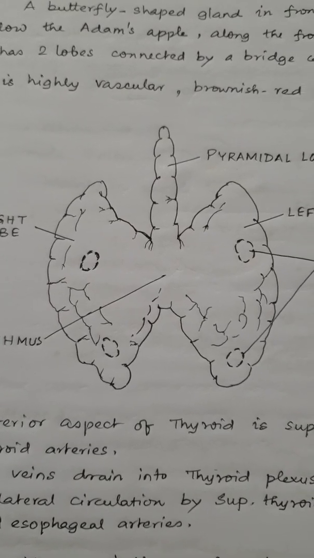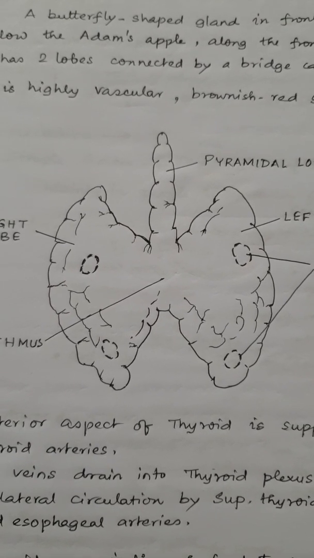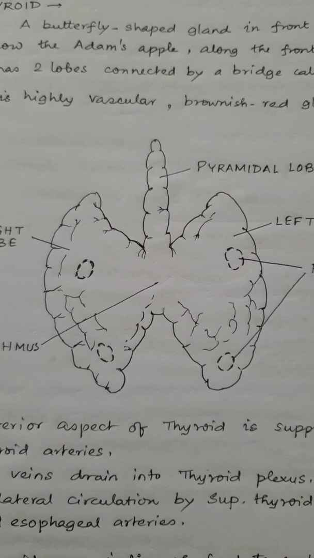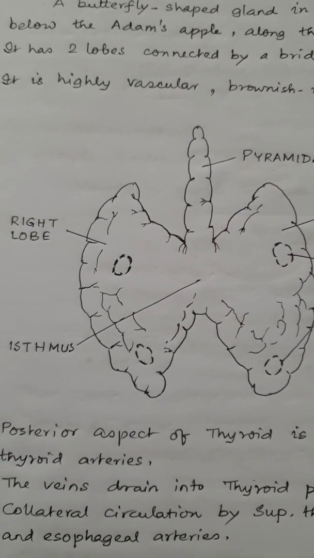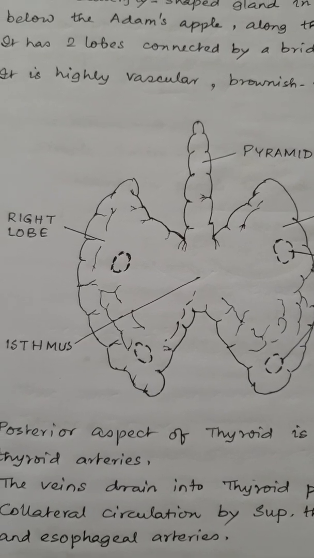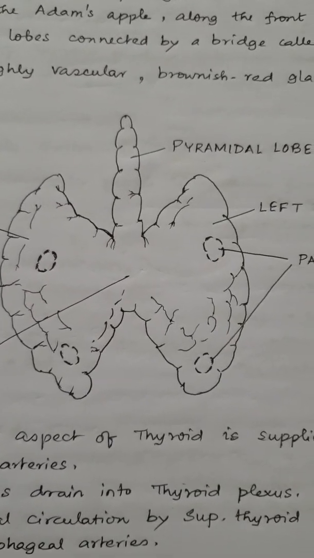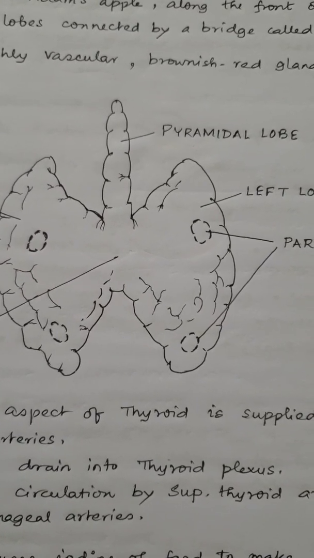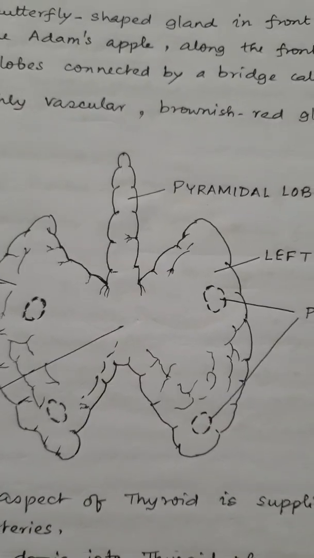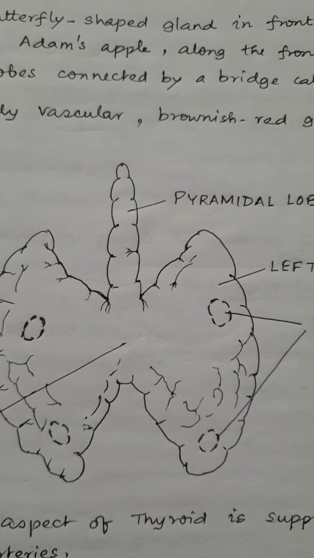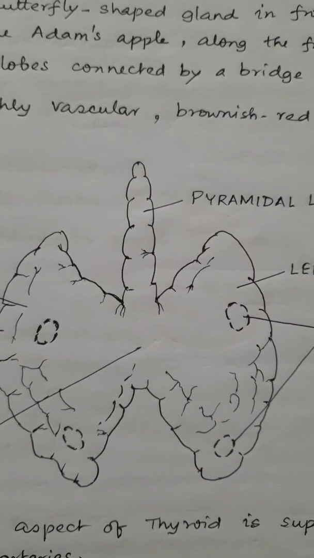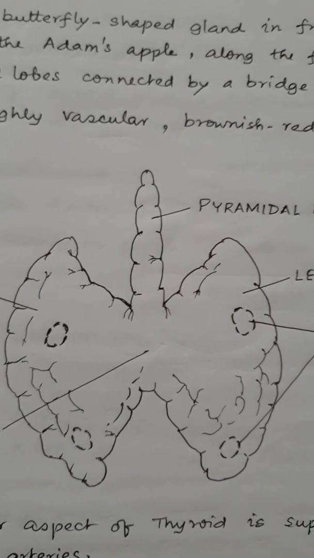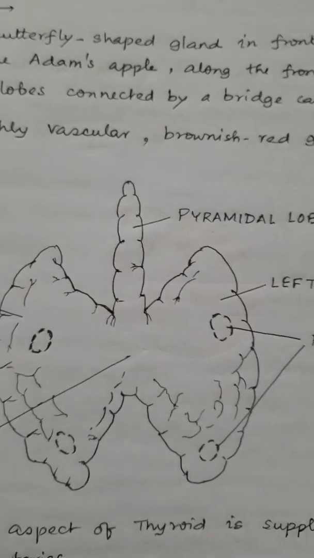Thyroid uses iodine of food to make triiodothyronine or T3 and thyroxine or T4. The gland weighs about 10 to 15 gram. It arises from downward outpouching of pharyngeal floor. Its remnant is known as thyroglossal tract.